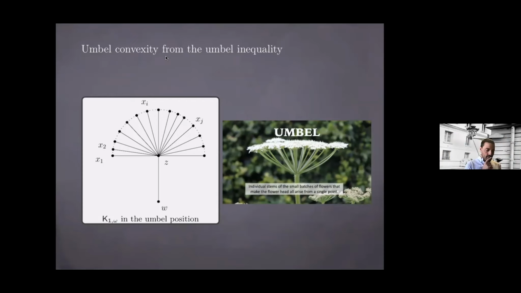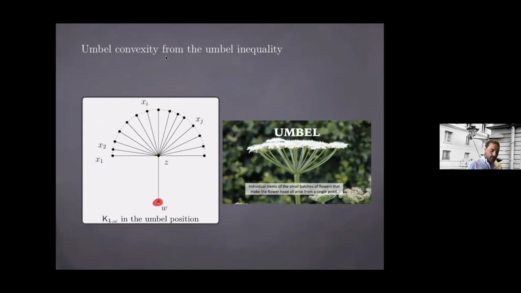For us, the problem is that there is no such thing as the parallelogram inequality for spaces with property beta P. But anyway, we were able to show not a 4-point inequality, but an inequality involving infinitely many points. You should think of these points in the Umbel position.